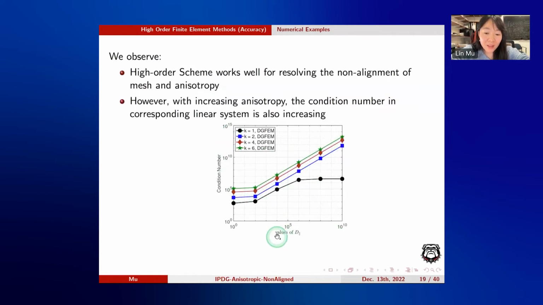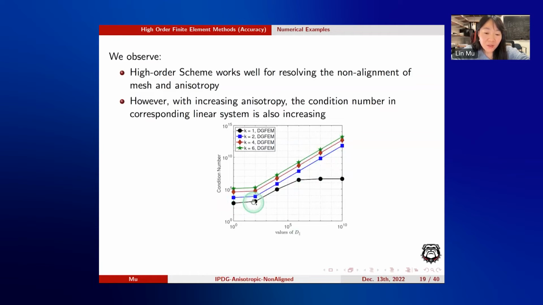By increasing the level for D parallel, we can observe for k equals 2, 4, and 6, the condition number is increasing significantly. This means we will have worse and worse linear systems to solve, and we definitely need a good, faster linear solver to deal with this issue.